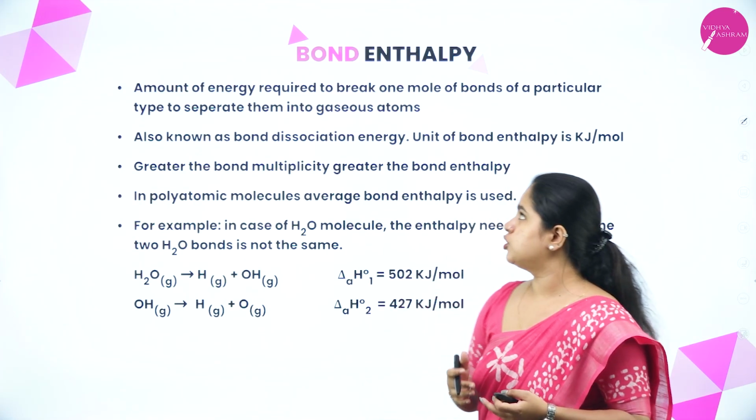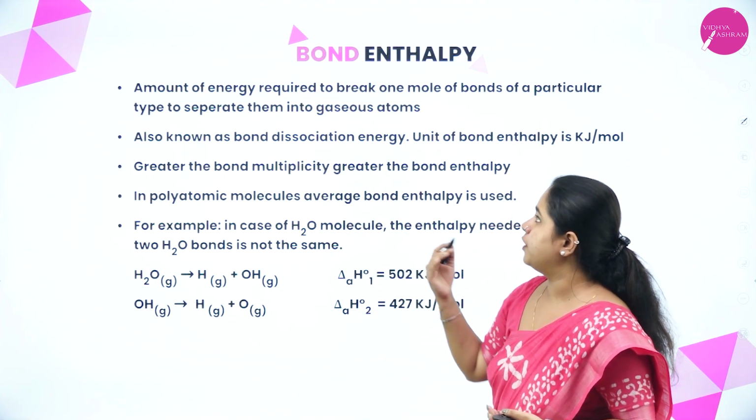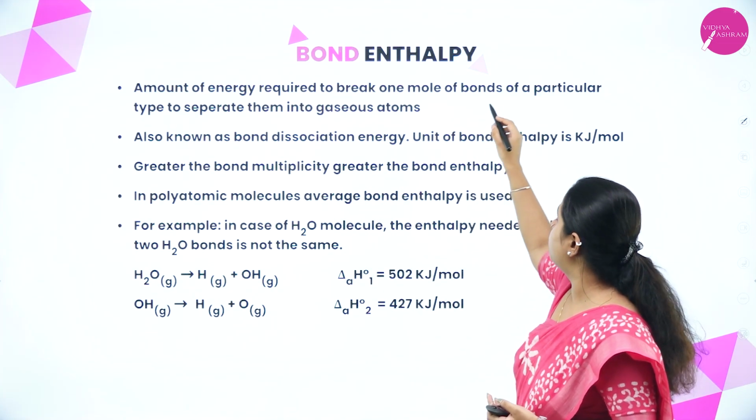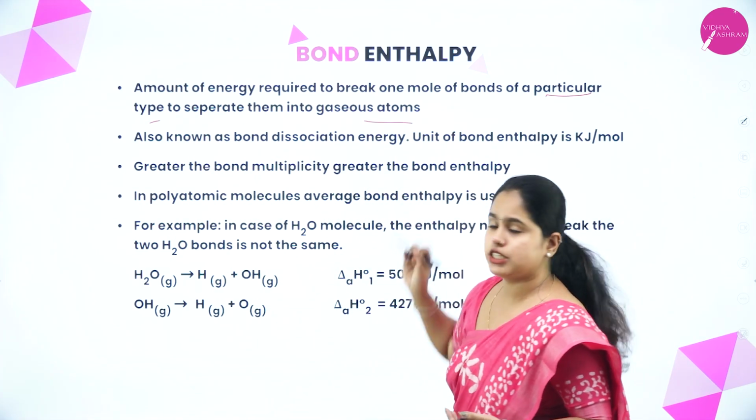Now moving on to the third parameter, that is bond enthalpy. So what is bond enthalpy? It is the amount of energy required to break 1 mole of bonds of a particular type to separate them into its gaseous atoms.